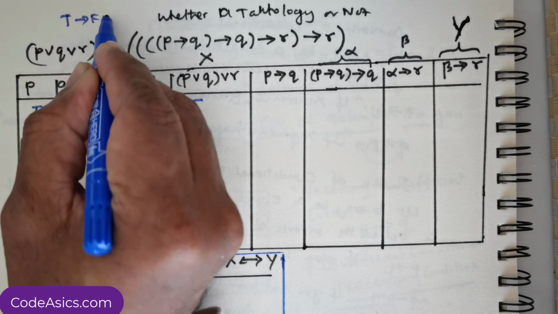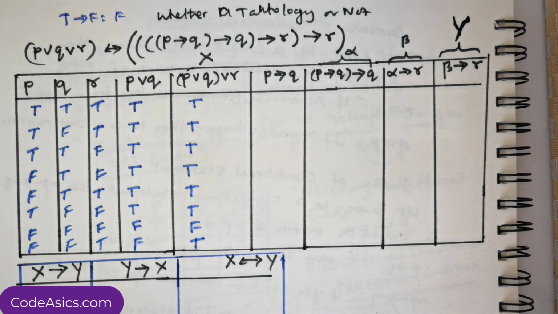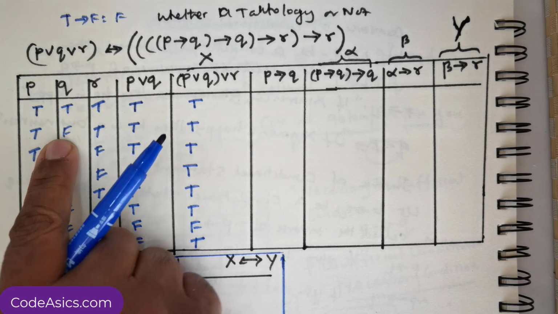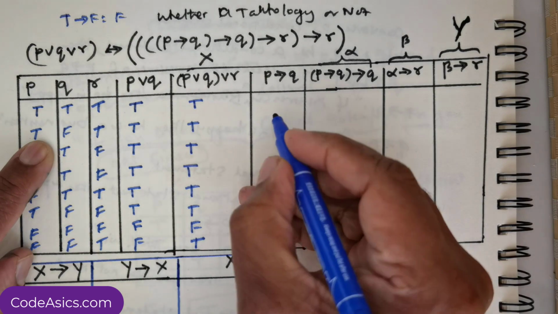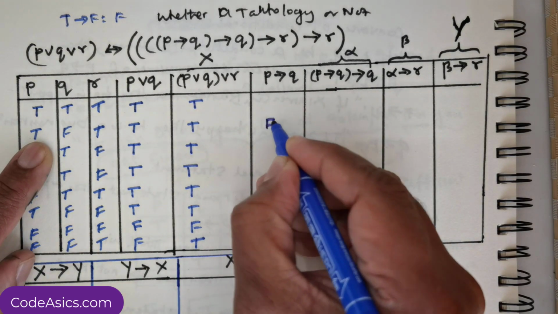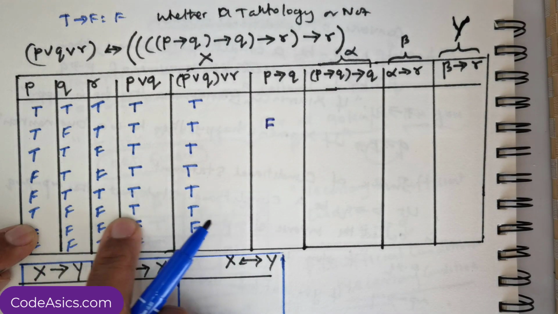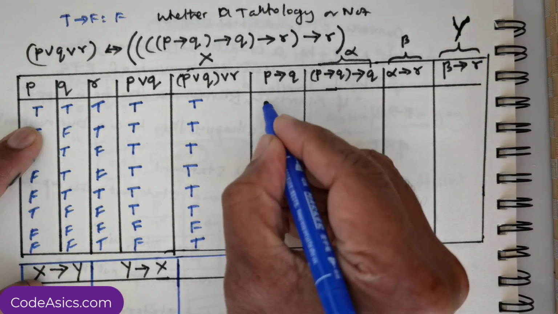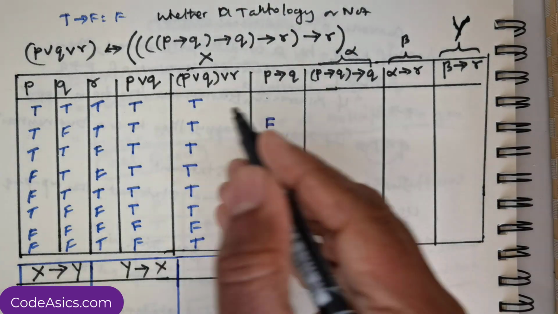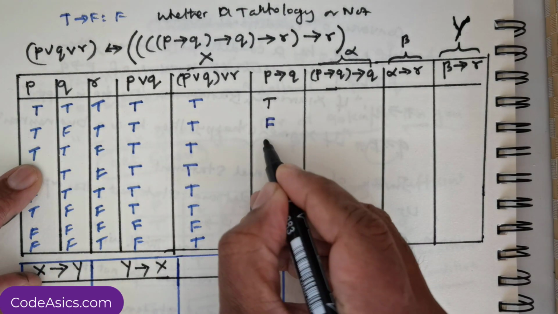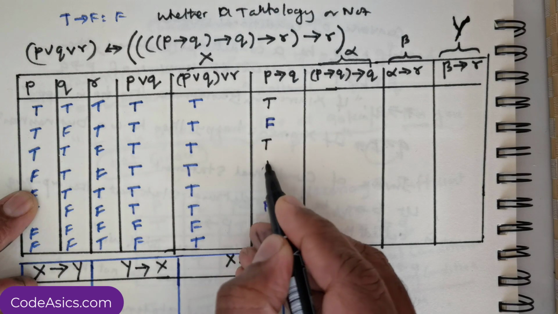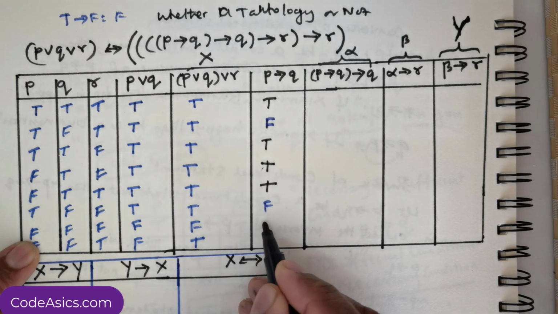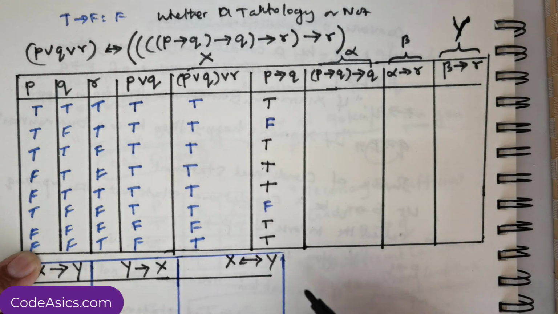T going to F is F. So let's check T going to F. T going to F is F. T going to F is F. And the rest of them are T's. So you have a T, T, T, T, T, and T.